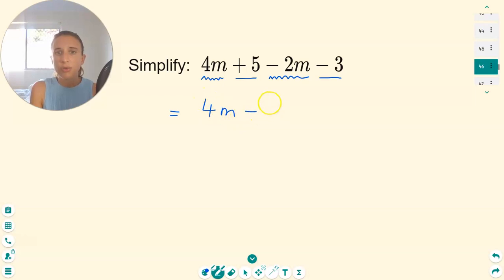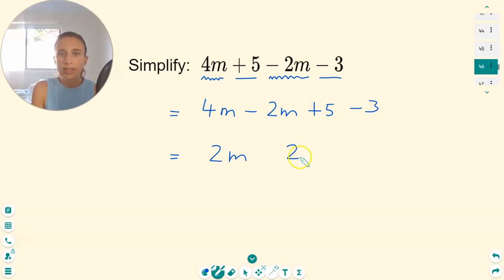So let's do that: 4m take 2m plus 5 take 3. Can only add terms that are like. 4m take 2m, 4 take 2 is 2. 5 take 3 is 2. So that means positive 2, right? So plus 2. Just like that.